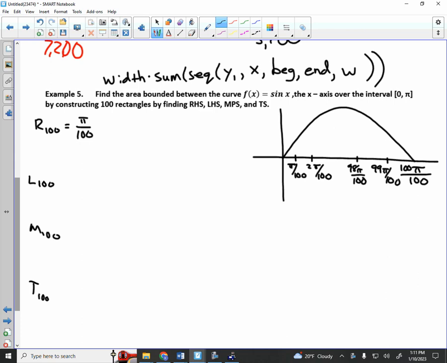Just remember, we don't actually want to add up 100 by hand, so we're going to use this as an option. Okay? So let's write out what we are going to actually enter in our calculator for the right hand.